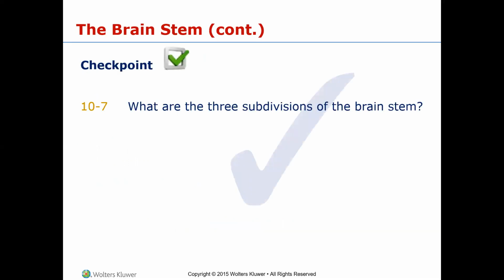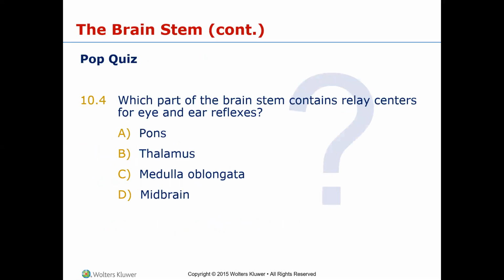So the three divisions of the brain stem are the midbrain, the pons, and the medulla oblongata. Which part of the brain stem contains the reflex centers for the eye and the ears? Those would be the midbrain.